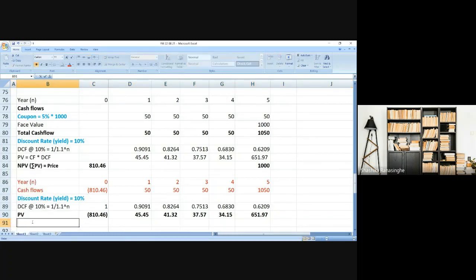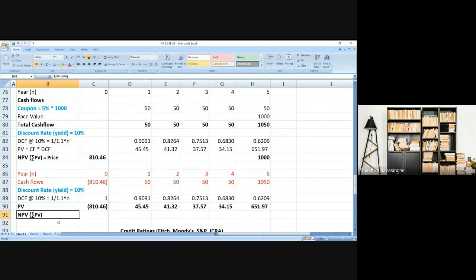And let's calculate net present value. You get 0.